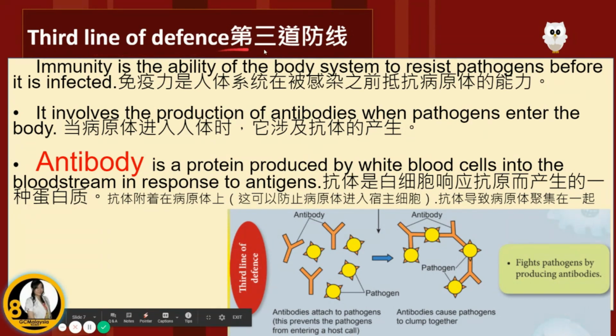Third line of defense. Immunity is the ability of the body system to resist pathogens before it is infected. It involves the production of antibodies when pathogens enter the body.